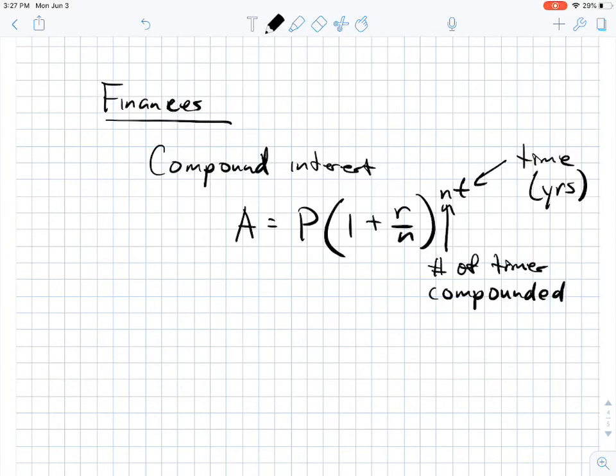So when you multiply those, those are what you call your periods. So when it comes to a paycheck, it's a pay period, or if you're paying your credit card, whatever the case is, those would be your period. So what I mean by number of times compounded is, is it once a year, which is annually, twice a year, which is semi-annually, so that's every 6 months, 4 times a year, which is quarterly, and so on and so forth like that.